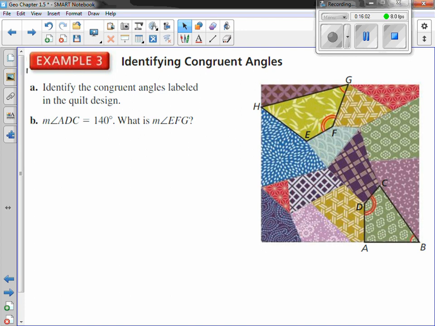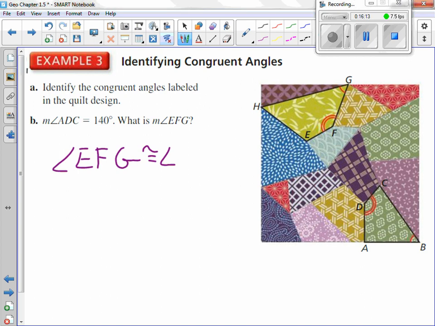Identify the congruent angles labeled in the quilt design. Well, one of them, because it's kind of hard to see, is EFG is congruent to angle ADC. I think that's a C right there. It's hard to see.